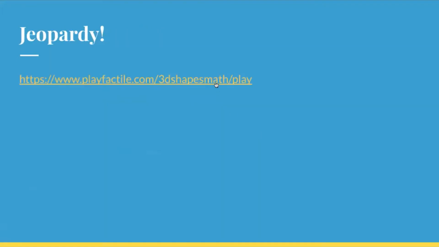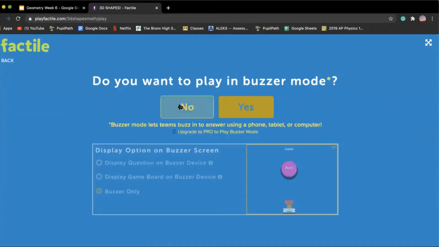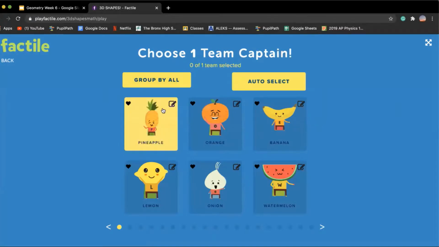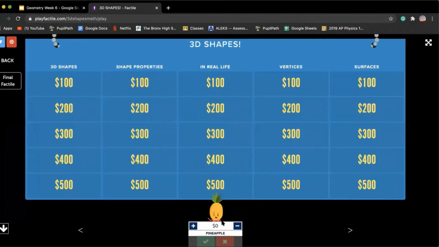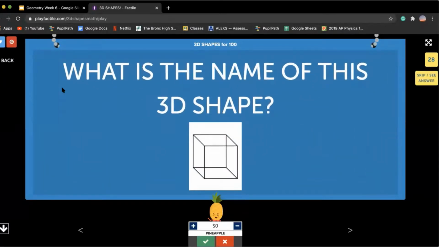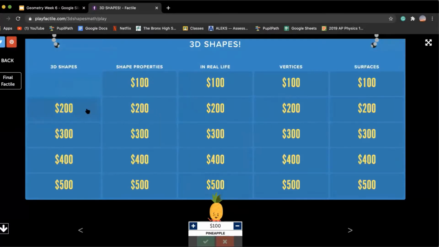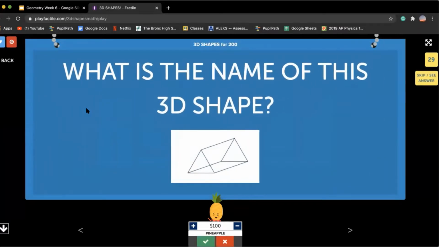Okay, so now we have Jeopardy. It's asking what is the name of this 3D shape, and this is a cube. What is the name of this 3D shape?